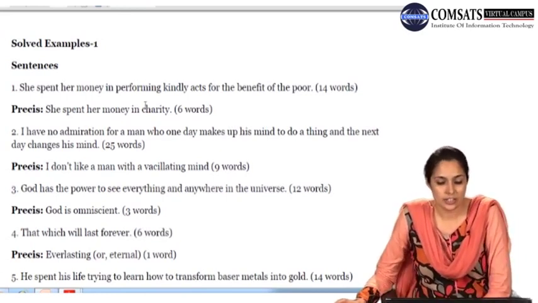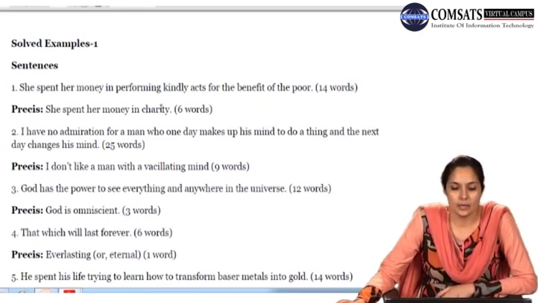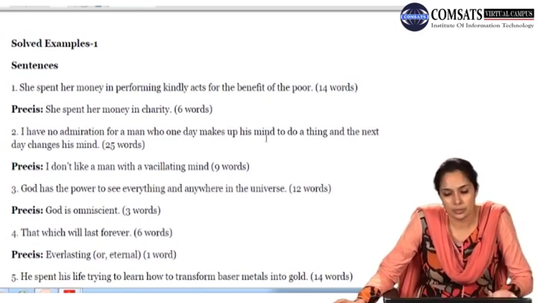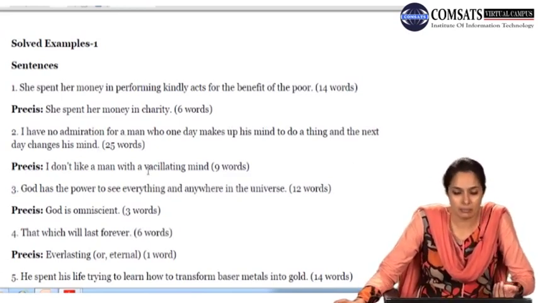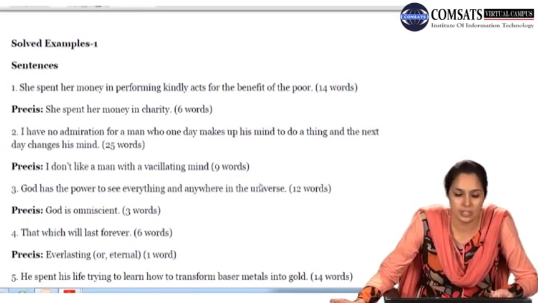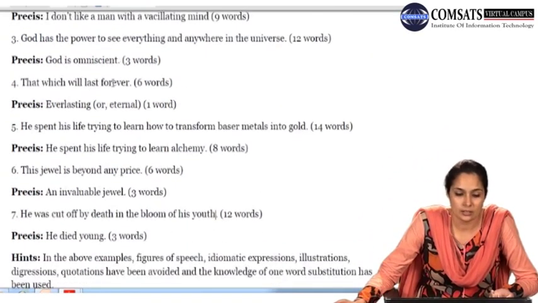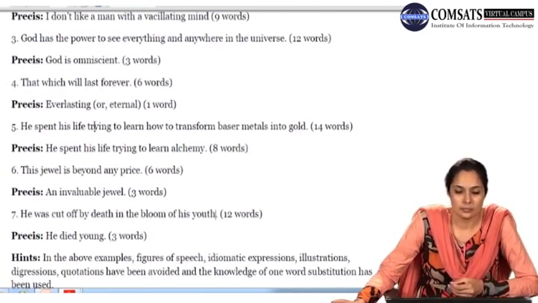That is, instead of performing kindly acts for the benefit of the poor, we used charity. A man who one day makes up his mind to do a thing and the next day changes his mind is a vacillating mind or an erratic mind. And then God has the power to see everything anywhere in the universe, omniscient, everlasting, which lasts forever, everlasting.